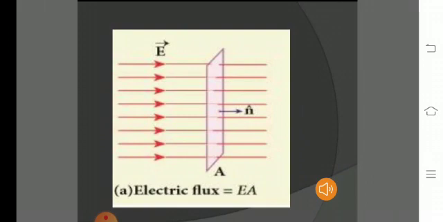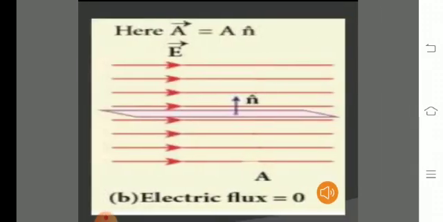The electric flux for this case is calculated using the formula Φ_E = E A. So when the element is placed in a uniform electric field, perpendicular to the electric field, the electric flux is Φ_E = E A.